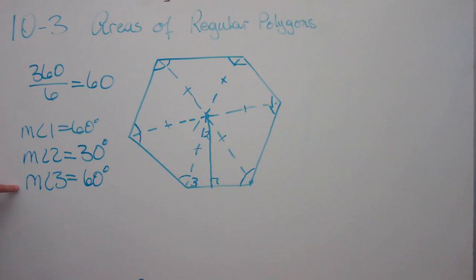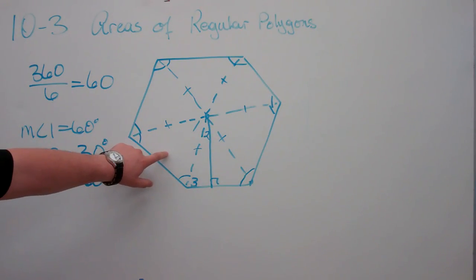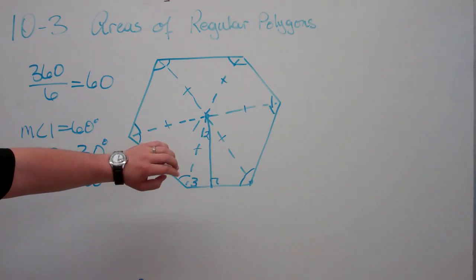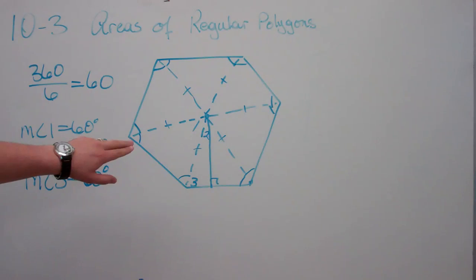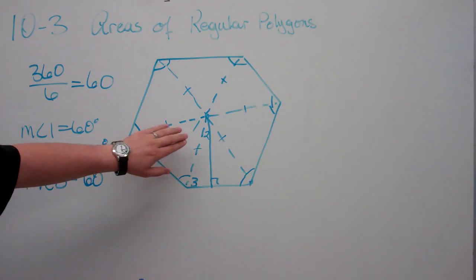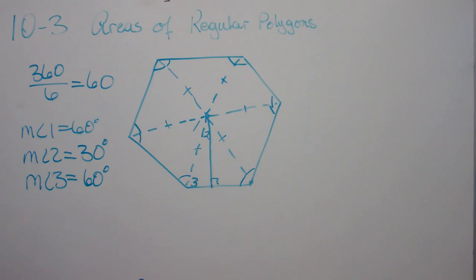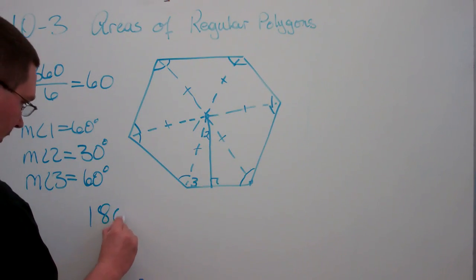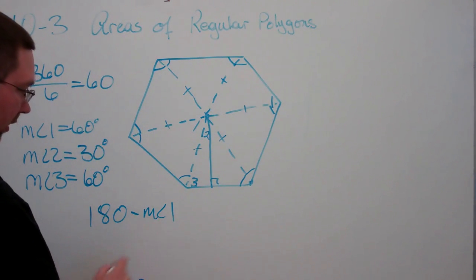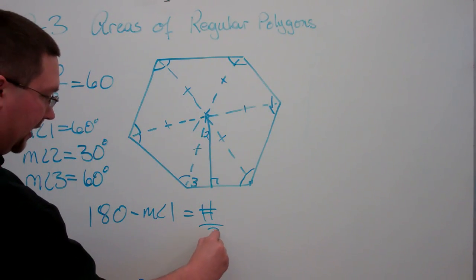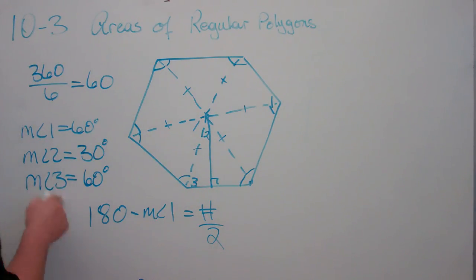And then the measure of angle 3: since these are isosceles triangles, and in our case equilateral, but I'm going to stick with isosceles because that's the general case, do 180 degrees minus the measure of angle 1, and whatever that number is, divide it by 2, and that's how you find the measure of angle 3.